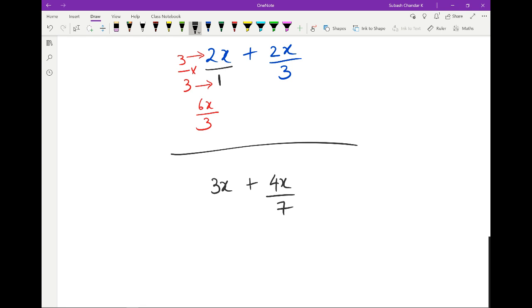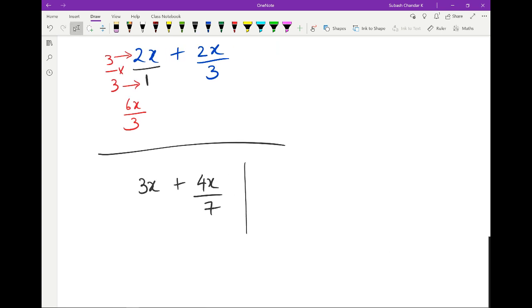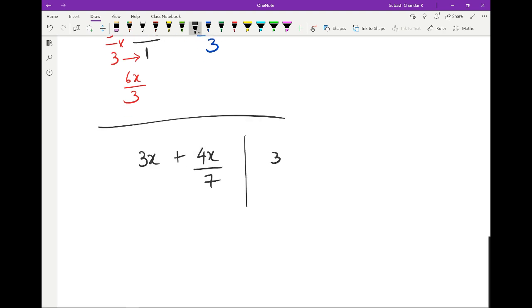You can't actually combine these two together, because if you think about it in fractions, imagine if there's actually no x. Then you've got 3 plus 4 over 7. You can't add this together because 3 is a whole number, and 4 over 7 is a fraction.